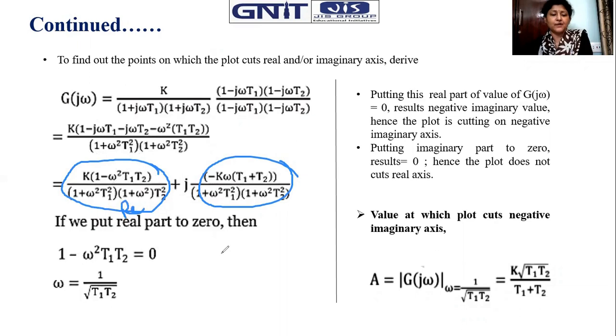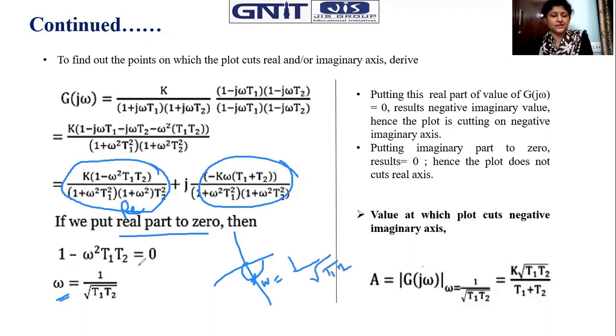If you need to find the imaginary axis intercept of the polar plot, the real part becomes 0. The real part is the numerator part, so taking the numerator as 0, we get the particular frequency where it crosses the j omega axis: omega equals 1 by root of tau 1 tau 2.